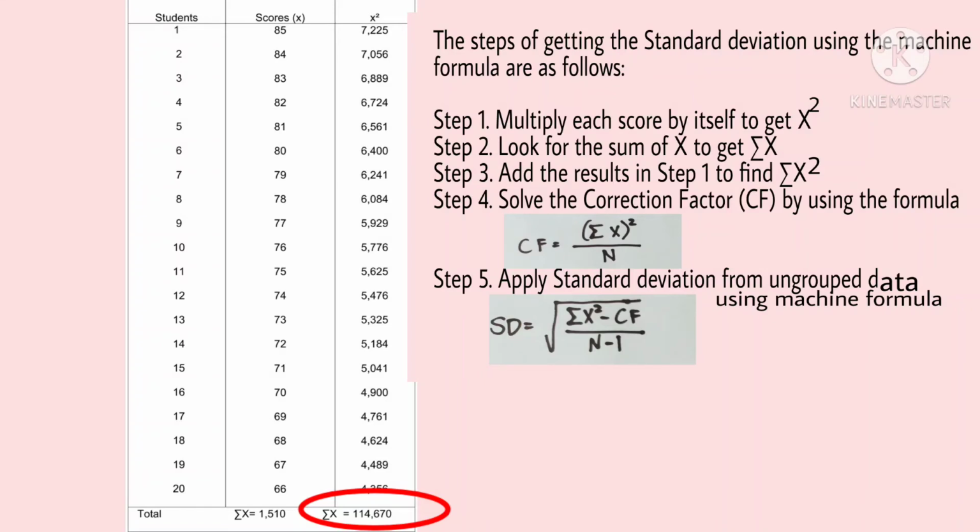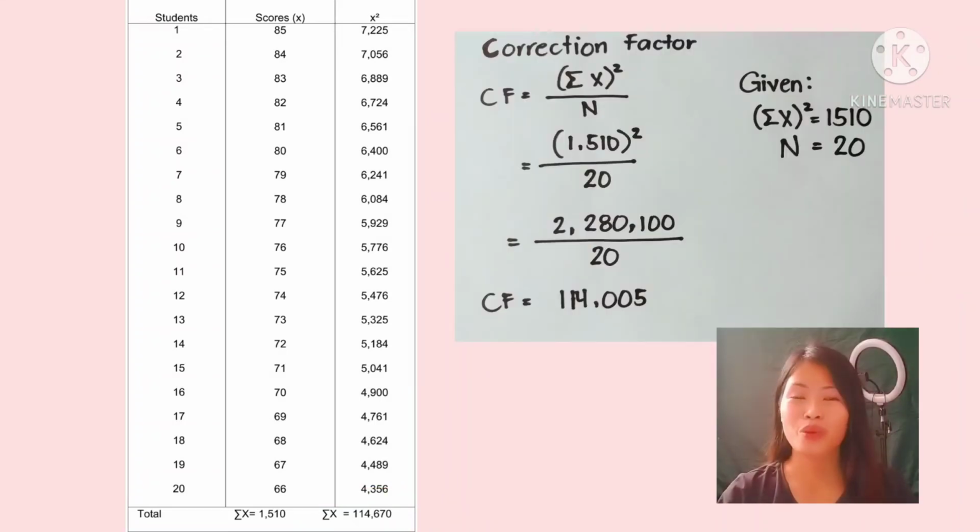So our summation of x squared is 114,670. Now that we are done with step 3, let's go to step 4.